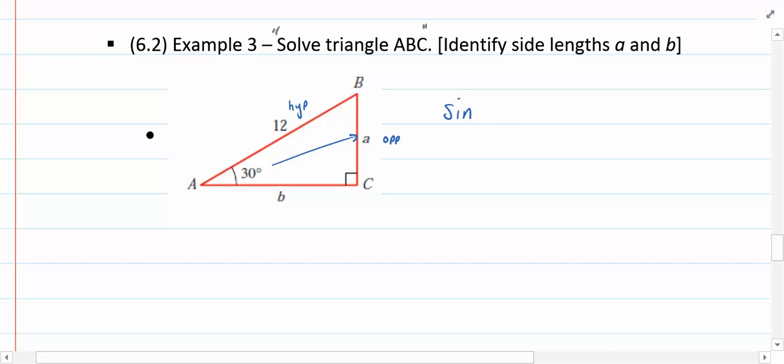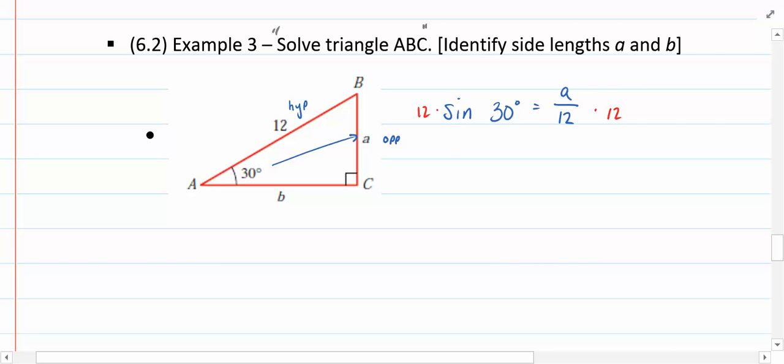I know that sine of our angle measure, 30 degrees, must be equal to the opposite side divided by the hypotenuse. Now I can go to my calculator and evaluate what sine of 30 is. I'll do that in just a moment. I would like to get a by itself first, and I'll do that by multiplying both sides by 12.